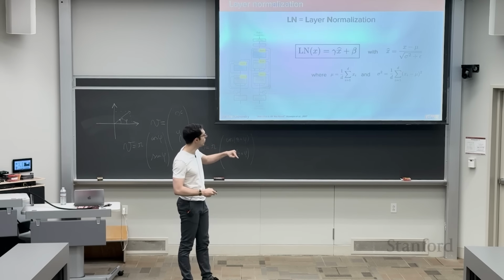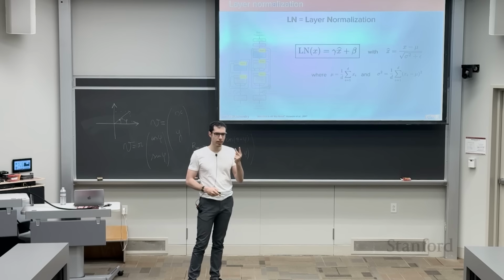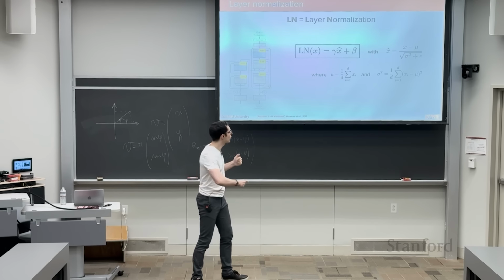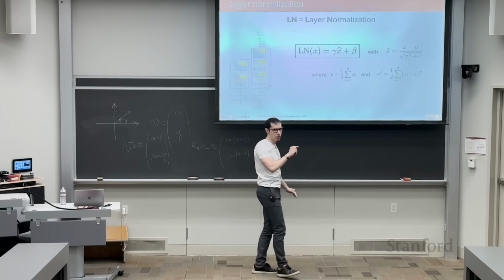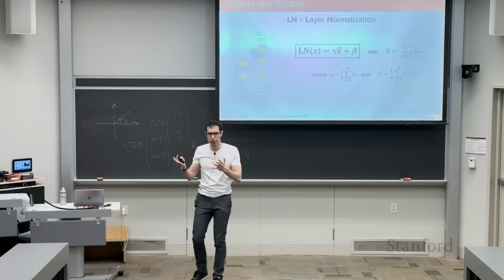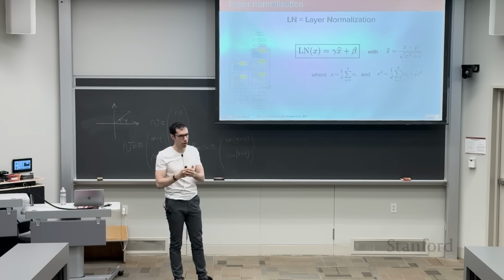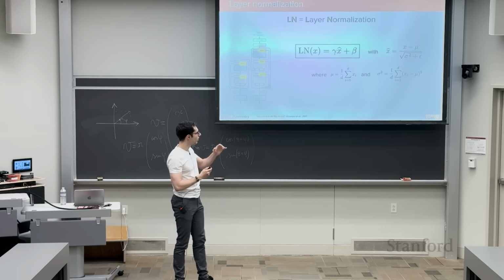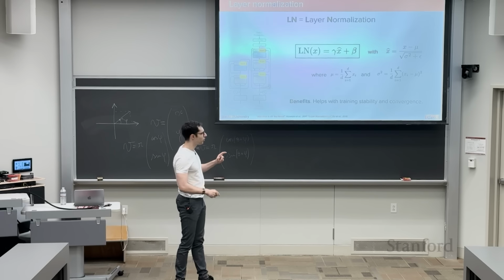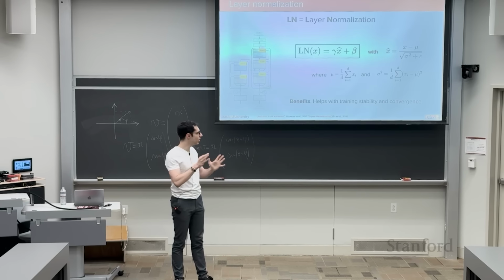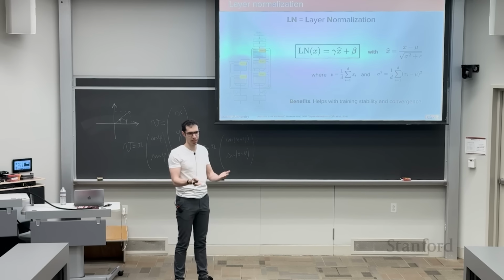And you learn two quantities, gamma, which is the rescaling factor, and beta, which is another term that you learn. You let these two quantities be learned by your model. In practice, this helps with training stability and with convergence time.